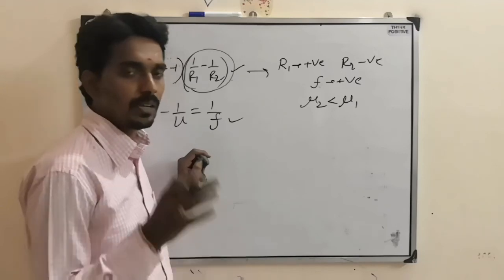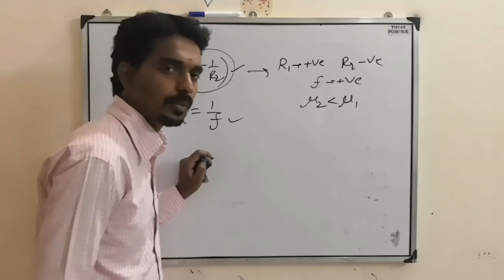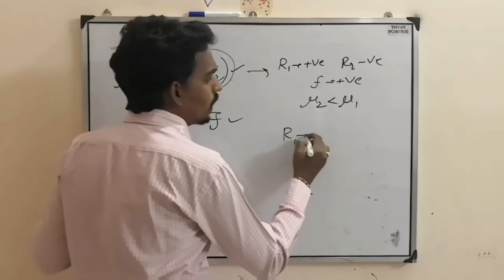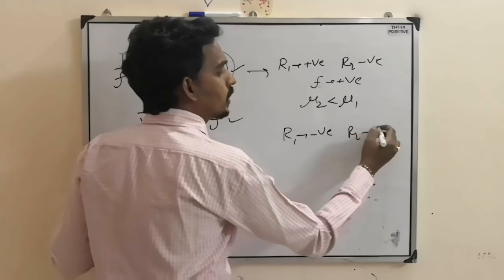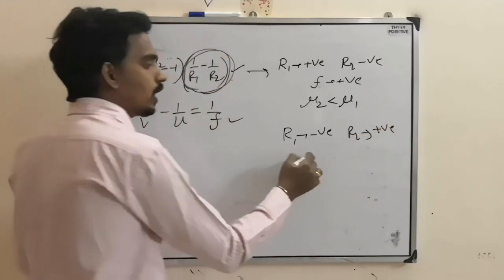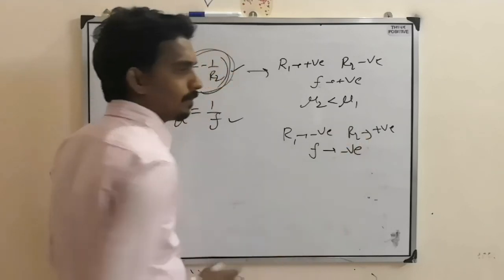Positive focal length means converging lens, negative focal length means diverging lens. In case of concave lens, R1 is negative and R2 is positive, so this term will become negative. So the focal length is always negative in air medium.